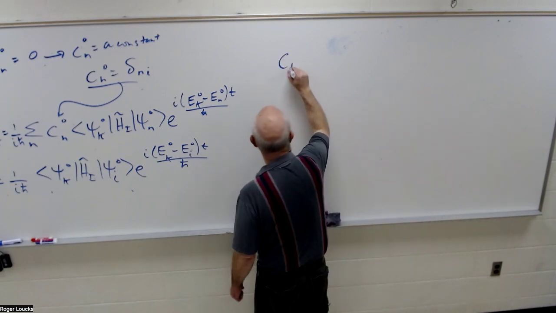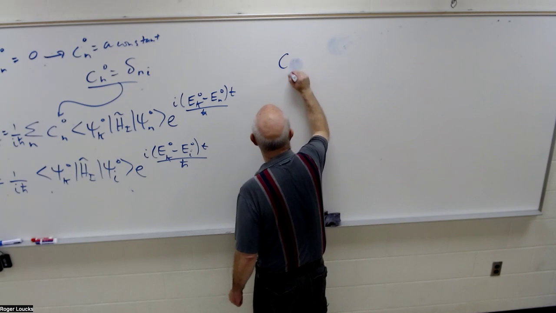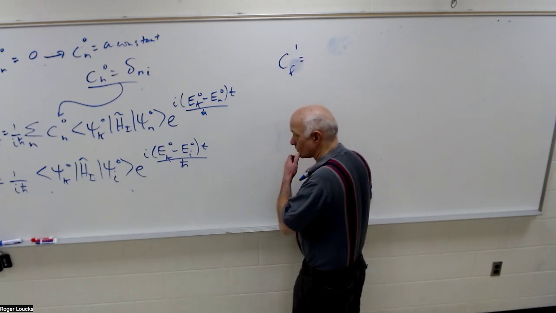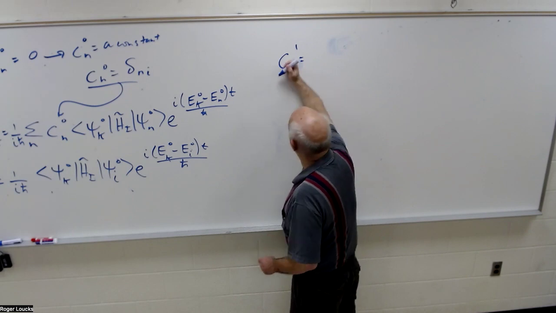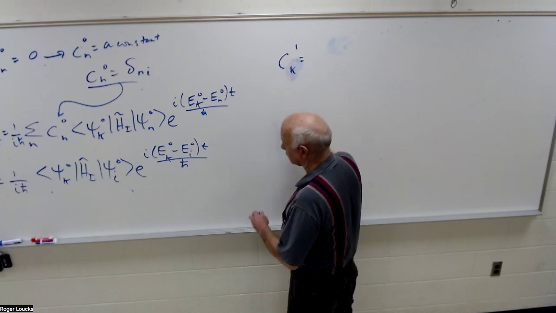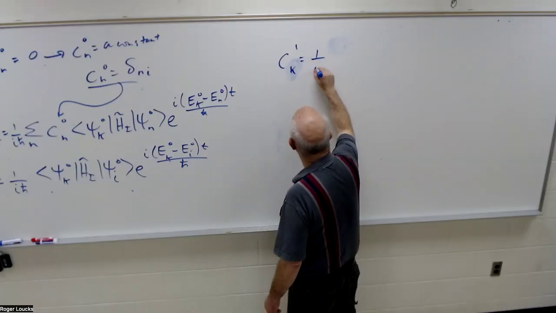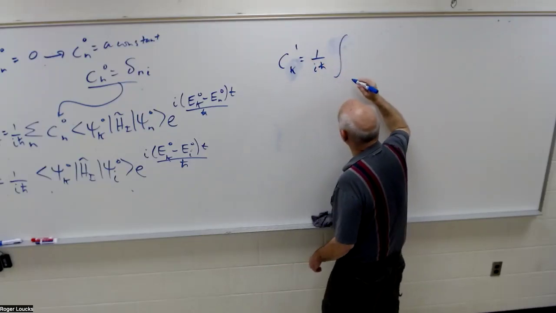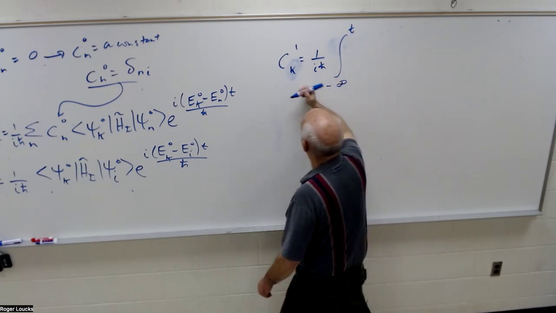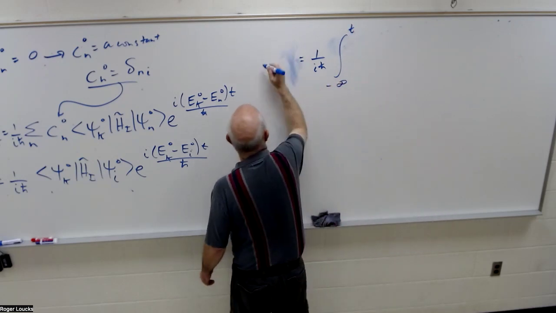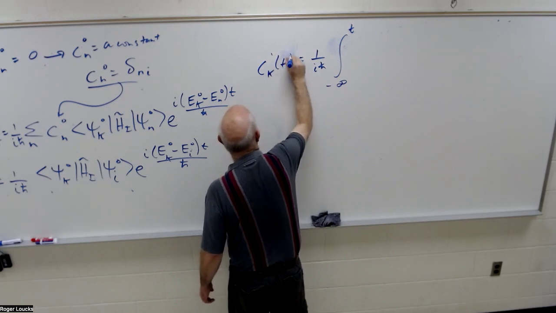This gave us C final 1. Well, I'll leave it as k. Here, 1 over i h bar integral, I can say from minus infinity to t, where equals ck with t.